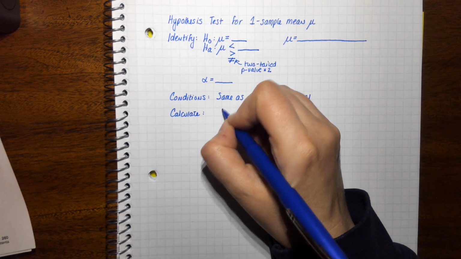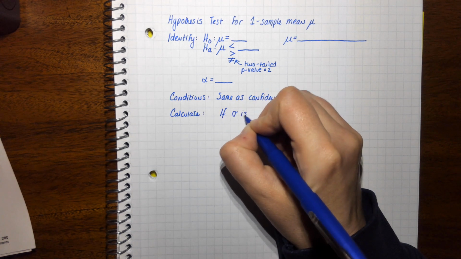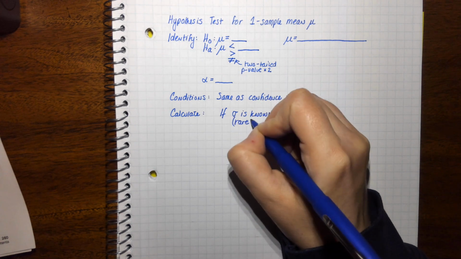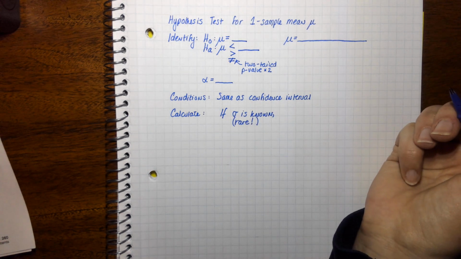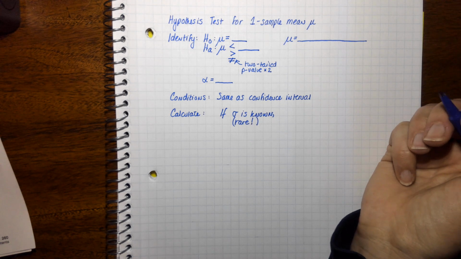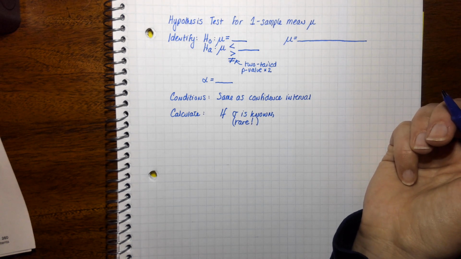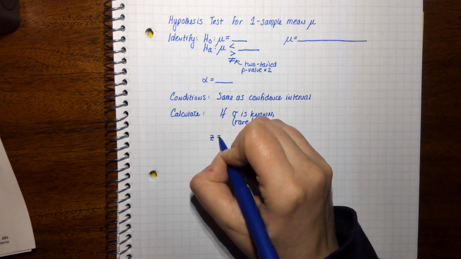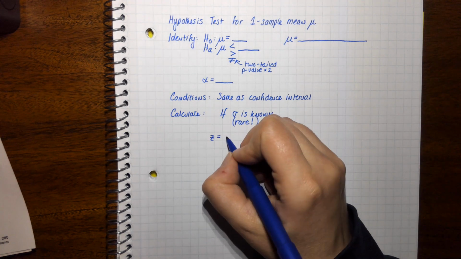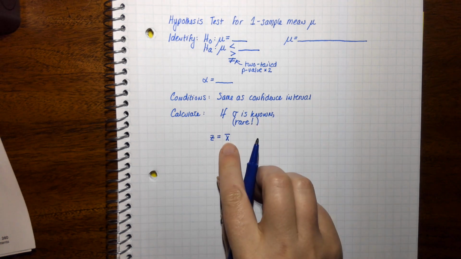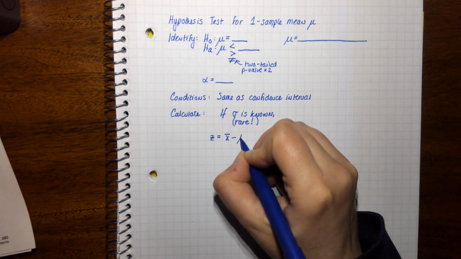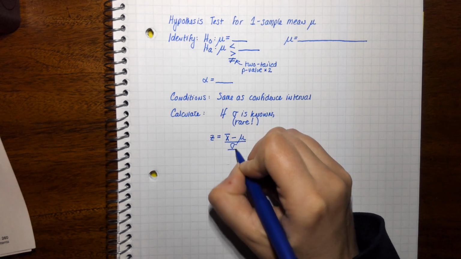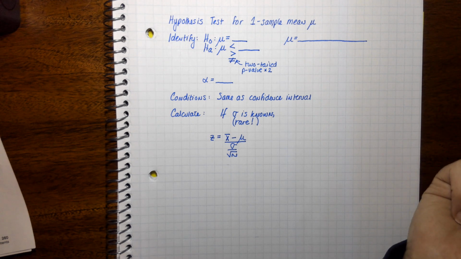This is sort of the same. If the population standard deviation is known, which is really, really rare, you will use z. I don't know that I've ever seen this happen, but it's possible. Statistic minus parameter over standard deviation.